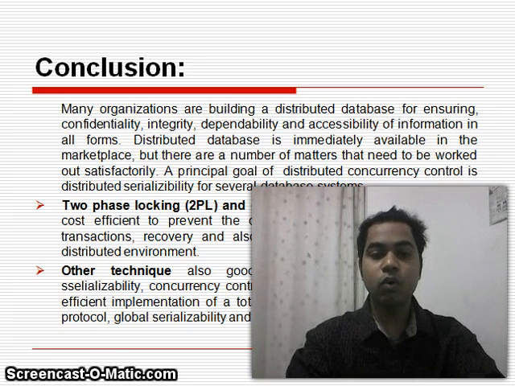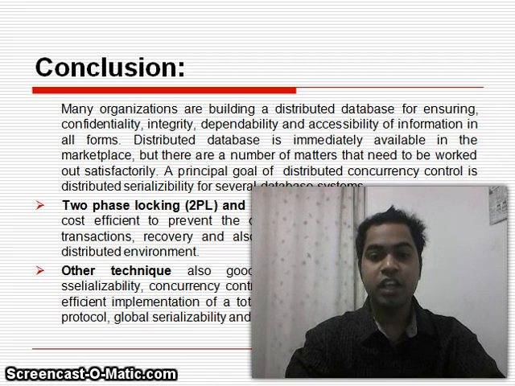A principal goal of distributed concurrency control is distributed serializability for several database systems. Two-phase locking and other locking protocols are much more cost efficient to prevent deadlock, and provide serializability, high security, transaction recovery, and commitment ordering in the distributed environment.